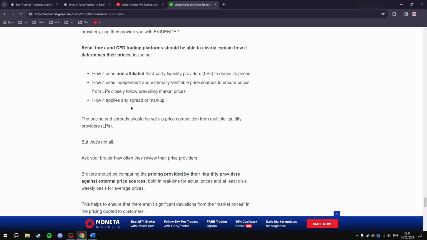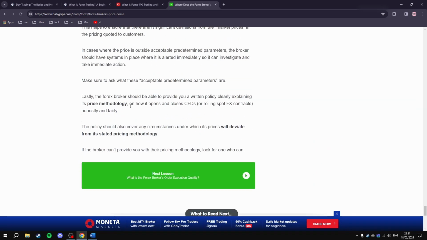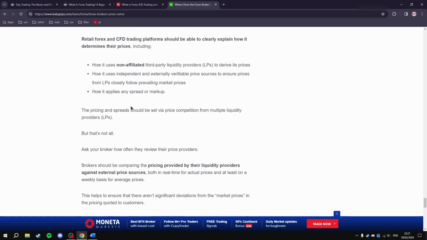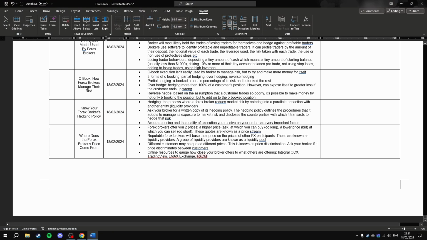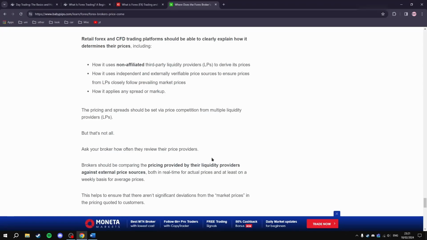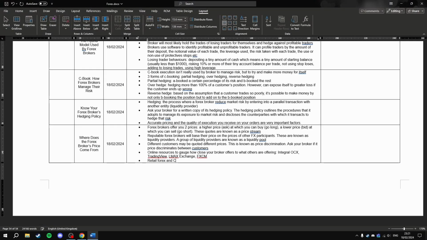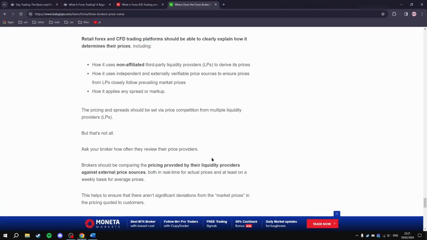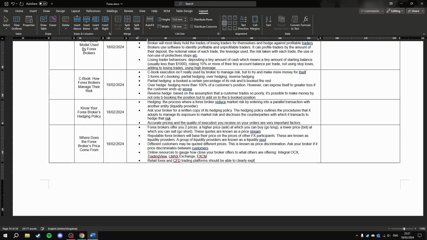Retail Forex and CFD trading platforms should be able to clearly explain how they determine their prices.